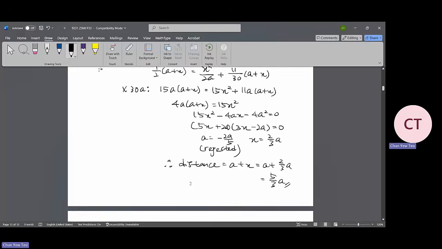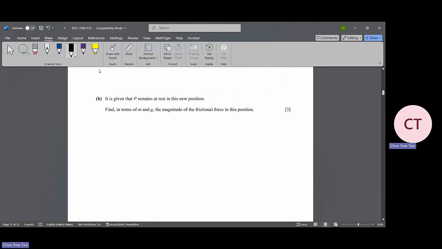Okay, so now we move on to part B. It is given that the B remains at rest at the new position. Find in terms of m and g the magnitude of the frictional force in this position. So now the question mentions that after B reaches here, which is a plus x, then it's at rest.